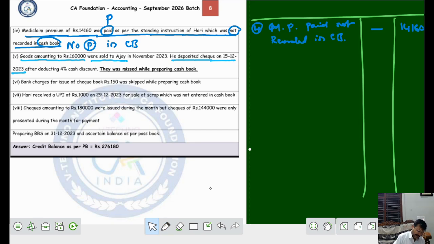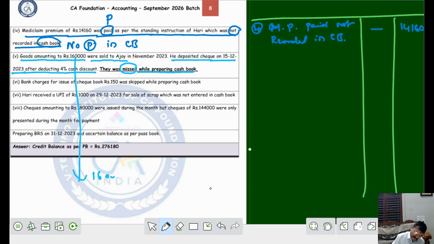He deposited after deducting 4% cash discount. How much cash discount has Hari deducted? 4%. This was missed while preparing the cash book. While preparing the cash book, what happened? They missed this transaction. So, let me explain this.